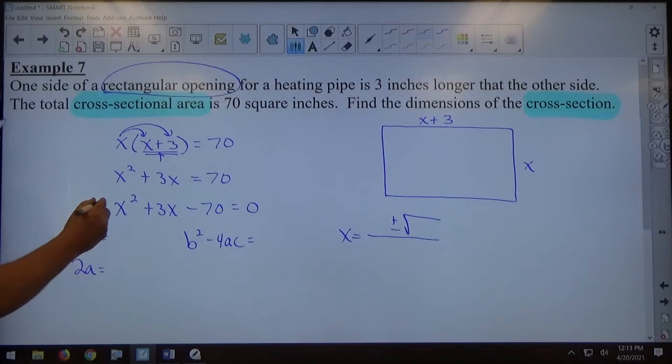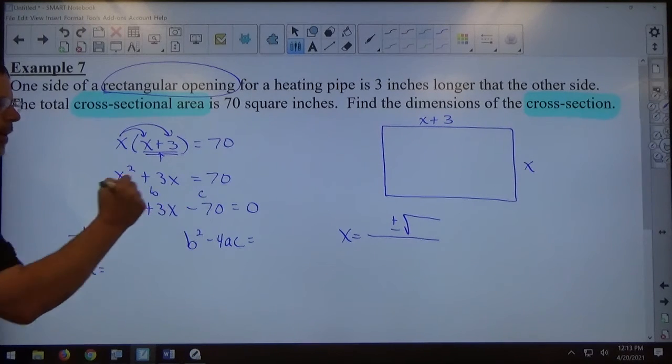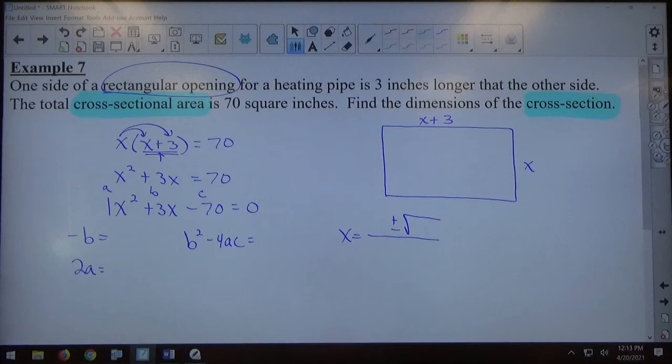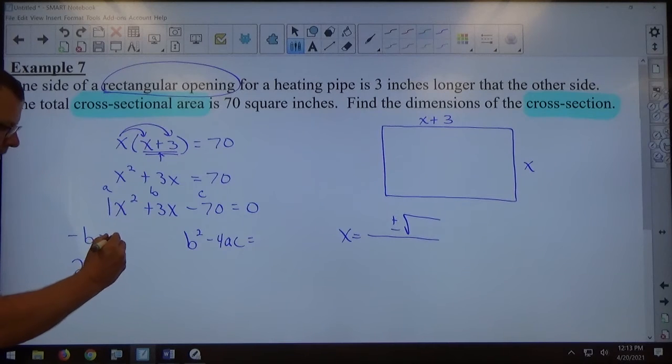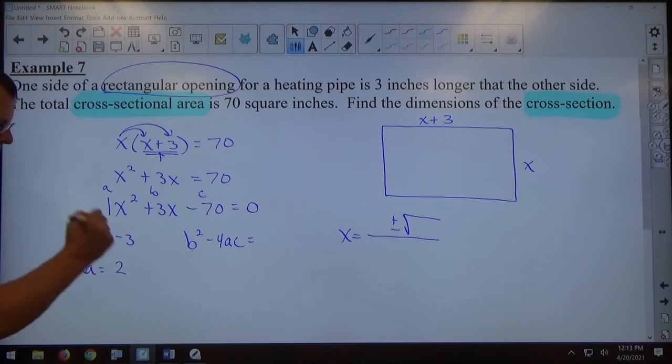So a is equal to positive 1, b is equal to positive 3, c is equal to negative 70. A few of you have been struggling with negative numbers and positive numbers. Make sure you're paying close attention to detail on your signs. That's positive 1, that's positive 3, that's negative 70. So if b is positive 3, minus b is negative 3. A is positive 1, so 2a is positive 2.